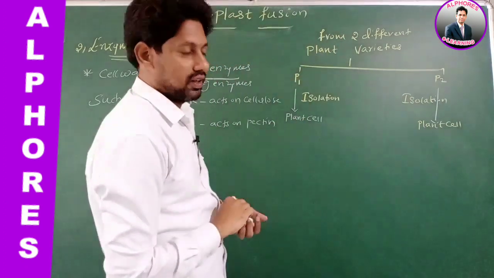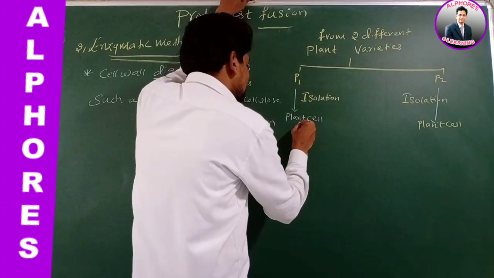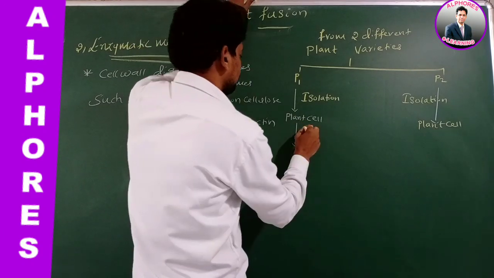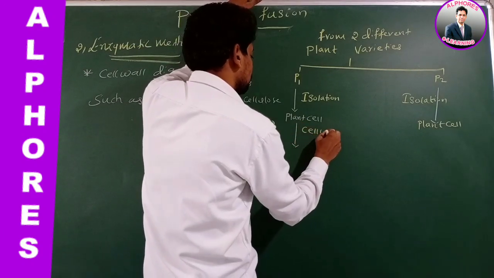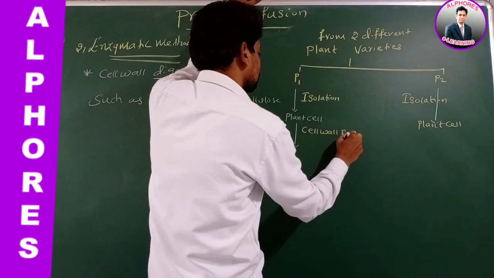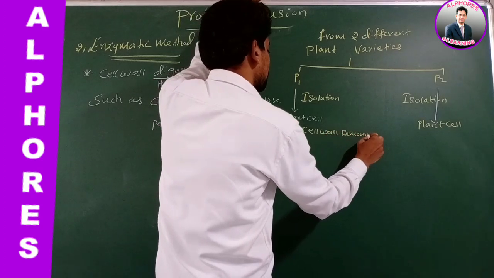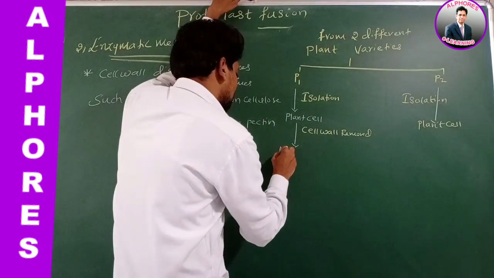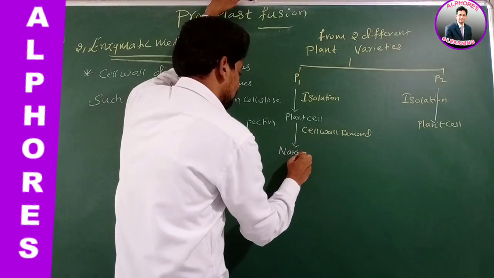Now, from this plant cell, what did we remove? The cell wall is removed. If the cell wall is removed, what do we get? We get a naked protoplast.